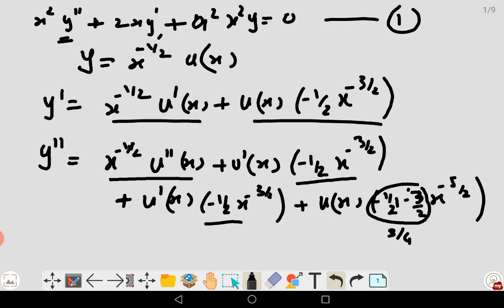Negative half and negative half, x power minus 3 by 2. So can we make it common? Okay, we will make it common. We will multiply this x square inside. First we will write this one.